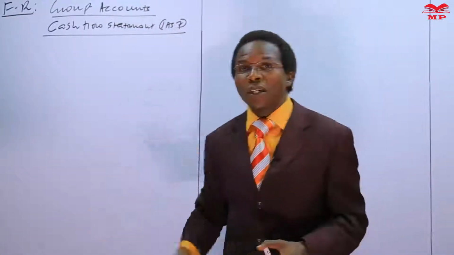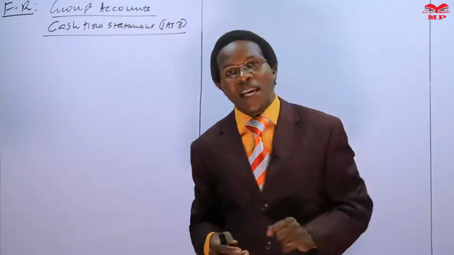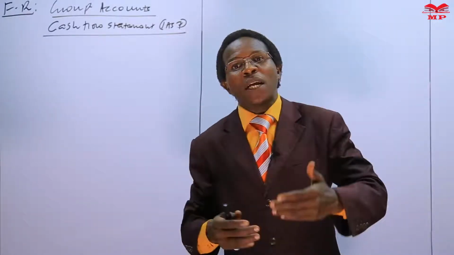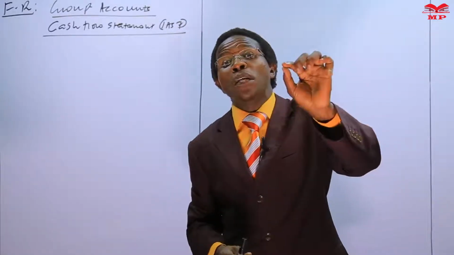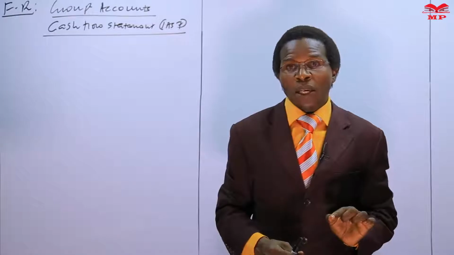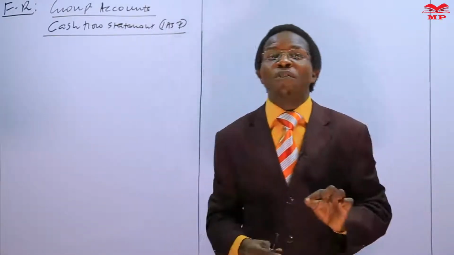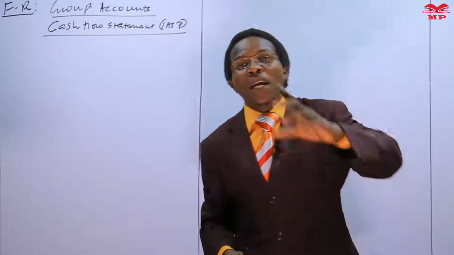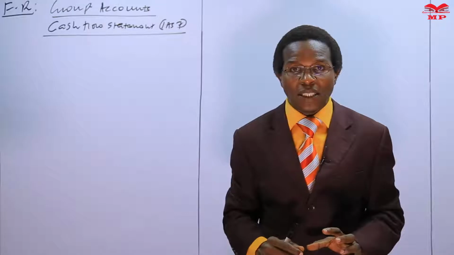Don't forget something we have always been saying. According to IAS 7, we should present our cash flow items under 3 headings. Paragraph 14 covers the operating activities, paragraph 16 the investing activities, and paragraph 17 the financing activities.